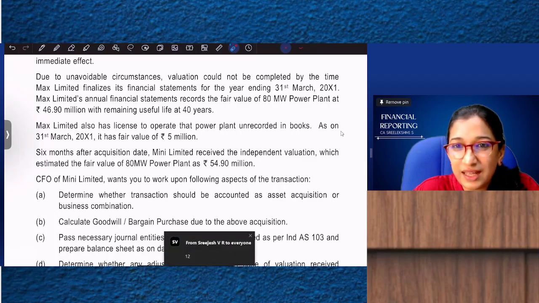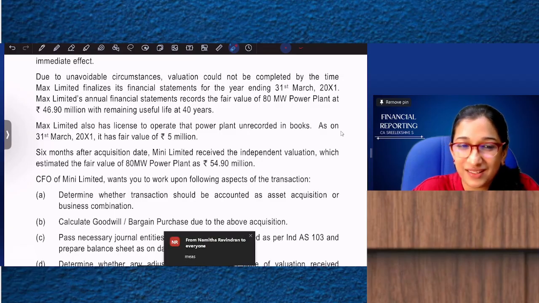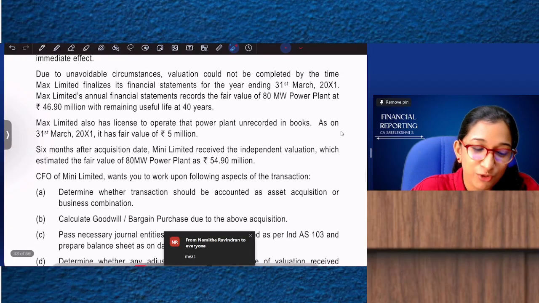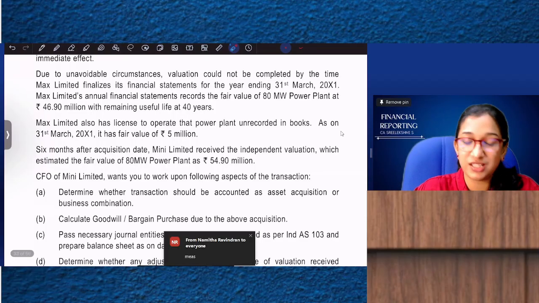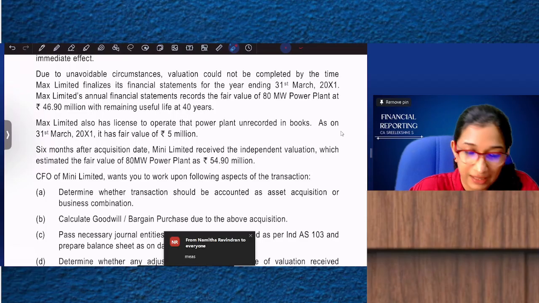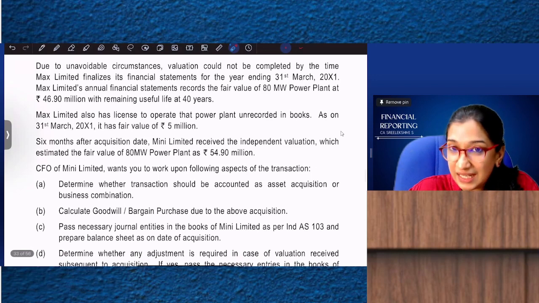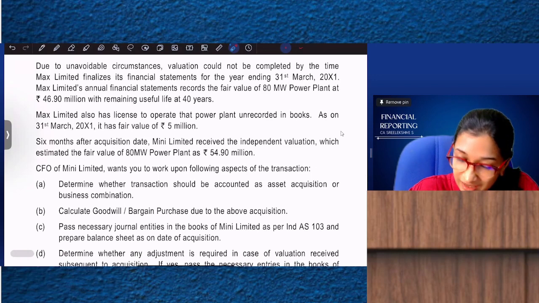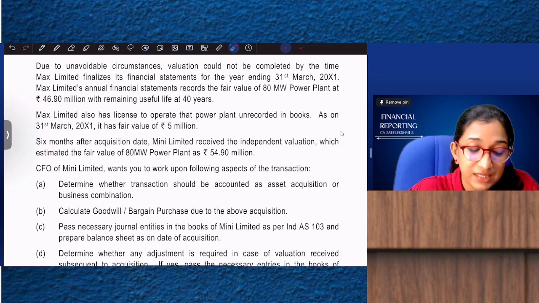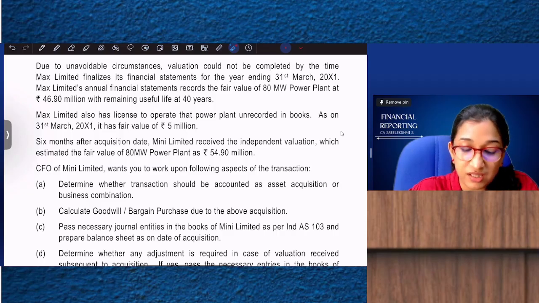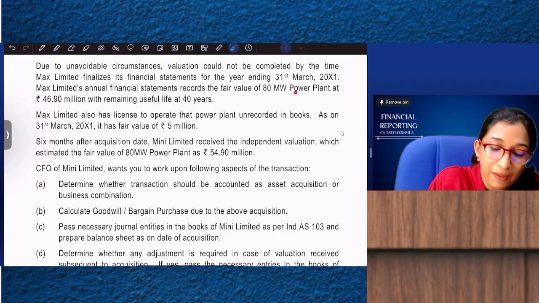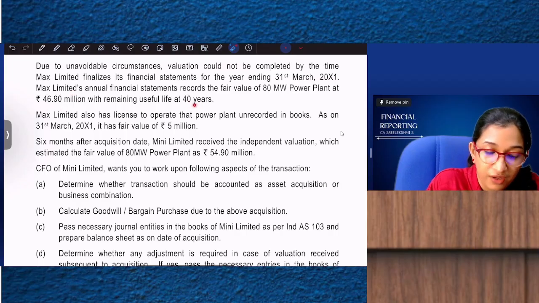What is that called? Measurement period. 12 months time is given. Max Limited's annual financial statements record the fair value of this power plant as 46.9 million with a useful life of 40 years.